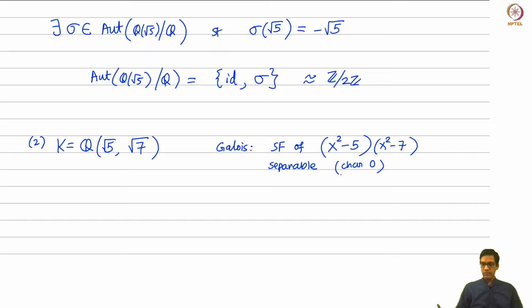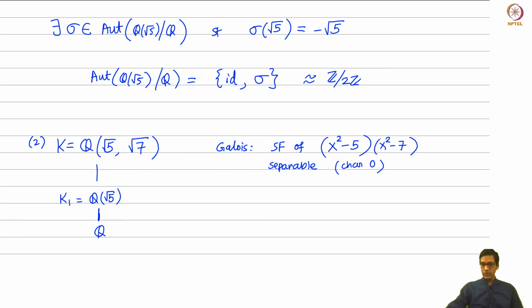Let's see what the degree of this extension is. That will tell us the cardinality of the Galois group. We can think of this extension as being obtained in two steps. Let's say we first adjoin root 5 and then we adjoin square root of 7 to this field. Maybe we'll call this field k1, which is Q(root 5).